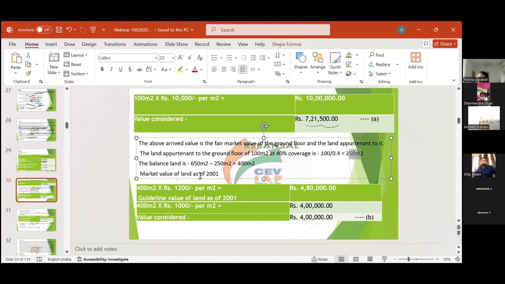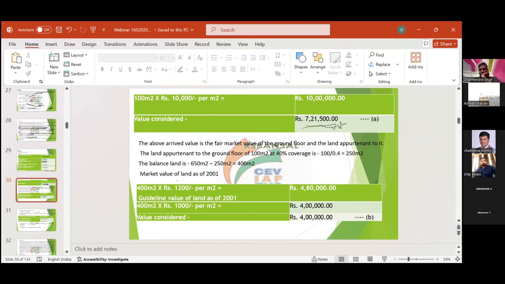So balance land is, so this value 7,21,500 is the value of the ground floor which is given on rent, including land and building part. This is the value of land and building part of the ground floor. So what will be the remaining part which is not considered here?